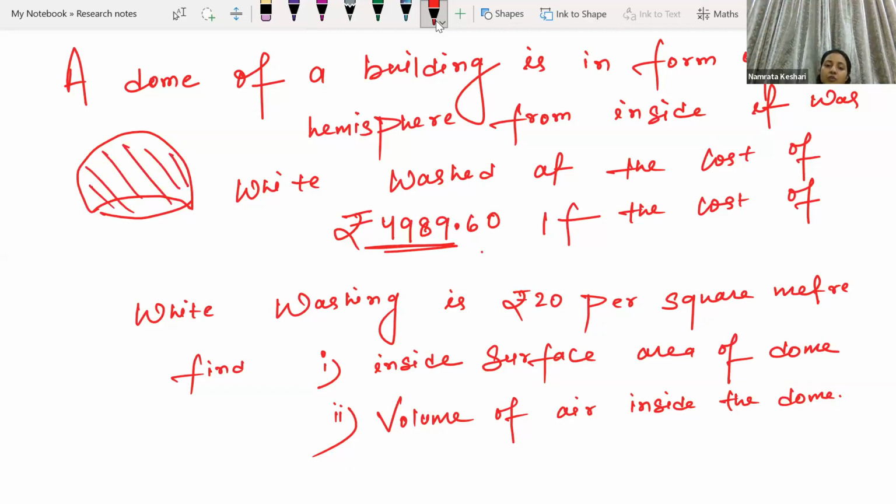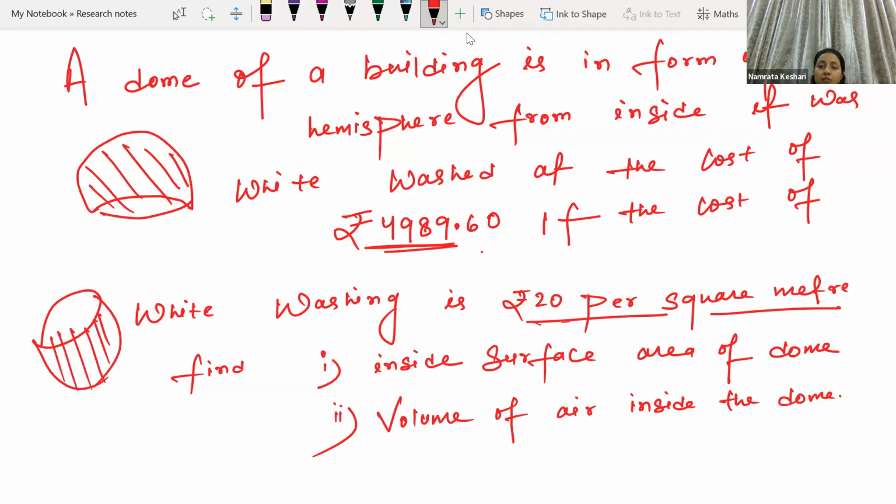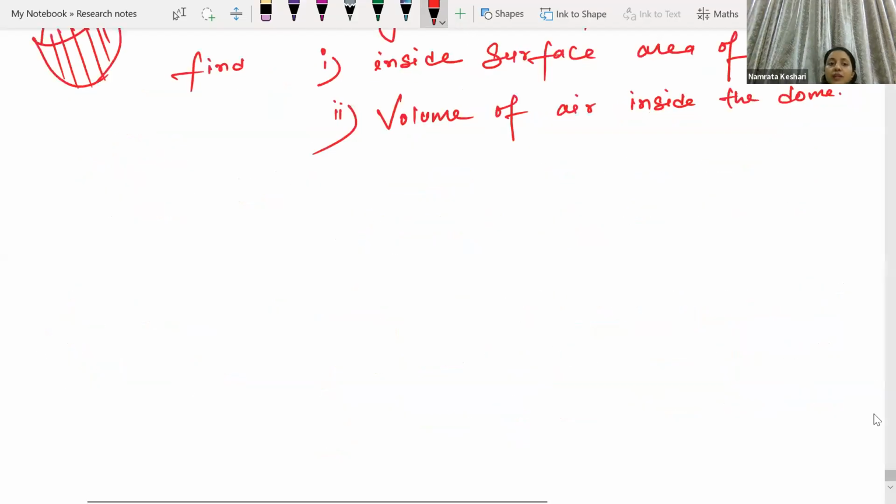The cost of whitewashing is 20 rupees per square meter, and we have to find the inside surface area of the dome. Are you understanding? If I tell you that we have a bowl and you have to paint the inside part, basically you are painting the surface of this hemisphere, yes or no? Yes, ma'am. So you are painting the surface area.